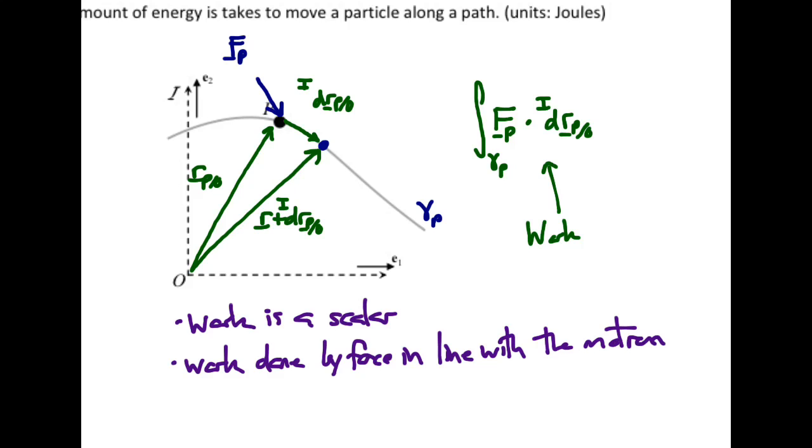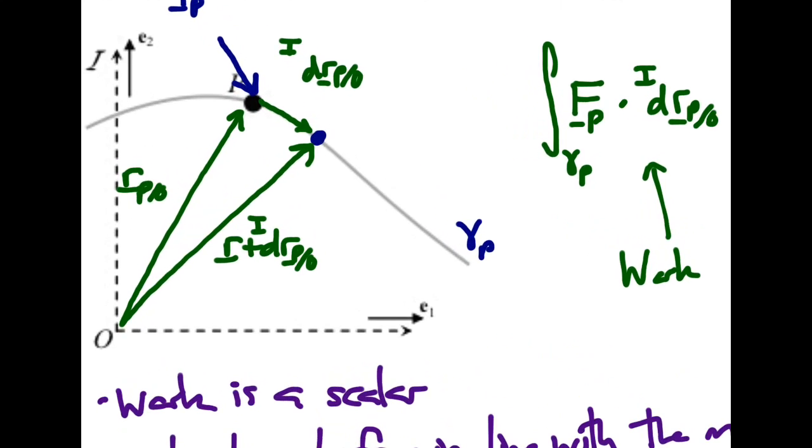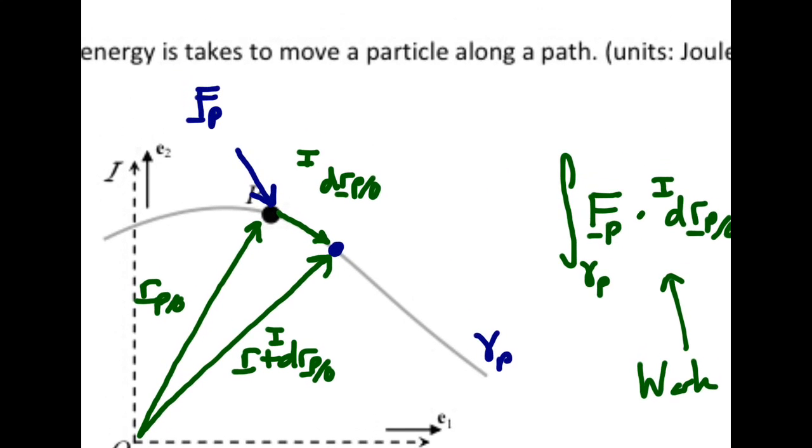And so by implication, work isn't done by forces that constrain the motion. So if we go back up to our diagram here, the work that's done on this particle to move it this distance, dr, from this point to that point, is only being done by the component of this force in that direction.